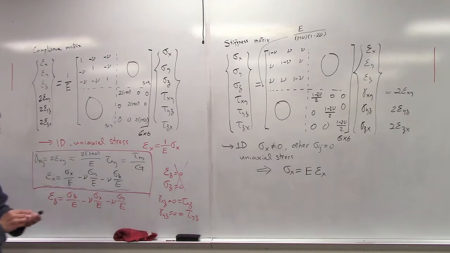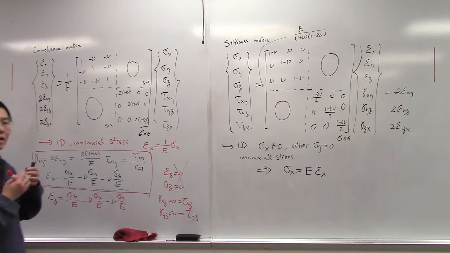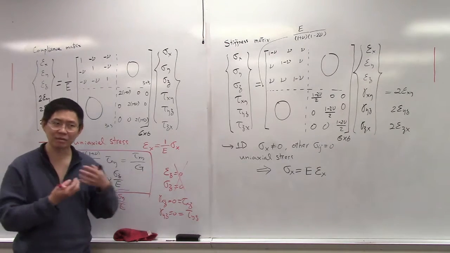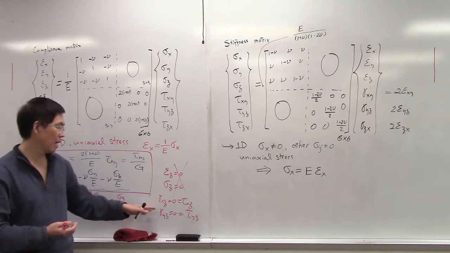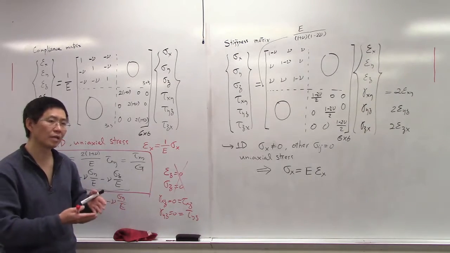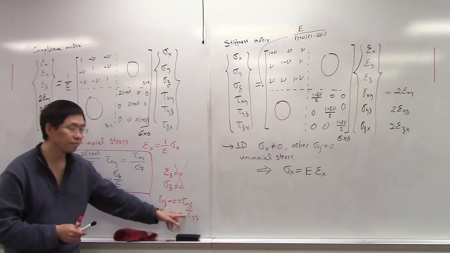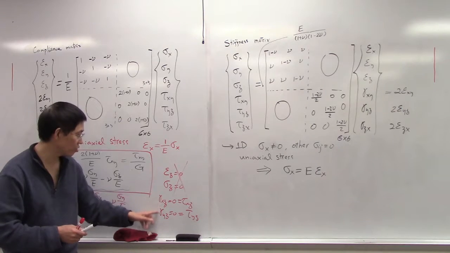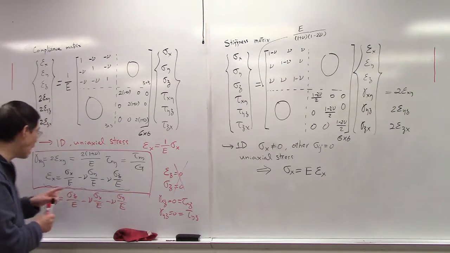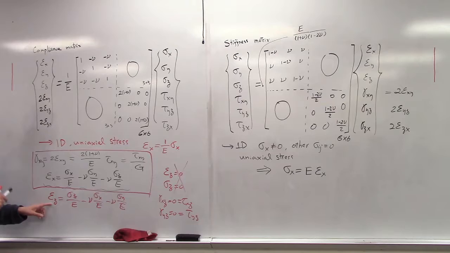Okay, now we run into the problem that when we say we apply biaxial stress, the out-of-plane shear will be 0. Then the shear strain will also be 0. However, the out-of-plane strain is not 0.